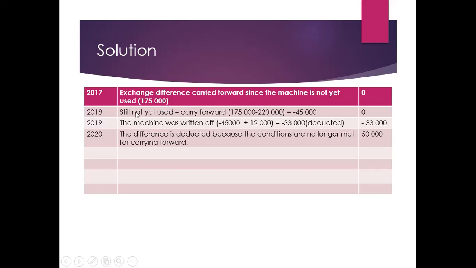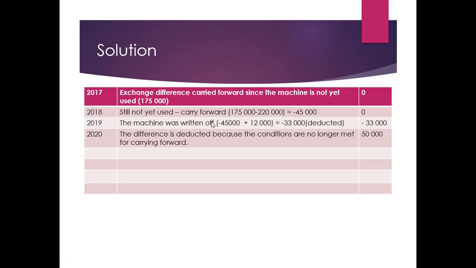In 2018, that machine is still not used, so he carries forward the exchange difference, which is 175,000 minus a loss of 220,000, which gives us 45. So this 45 here is carried forward. Then in 2019, the machine was written off, so it is not going to get used because it was destroyed in a fire. So one of those exceptions is now applying.